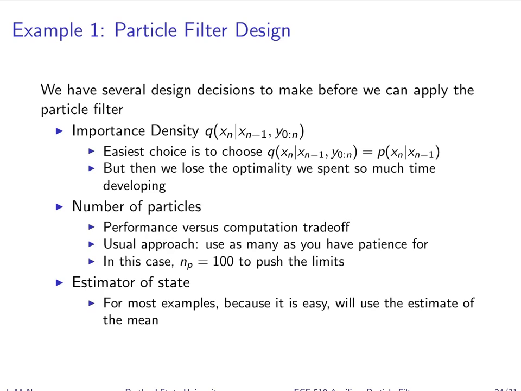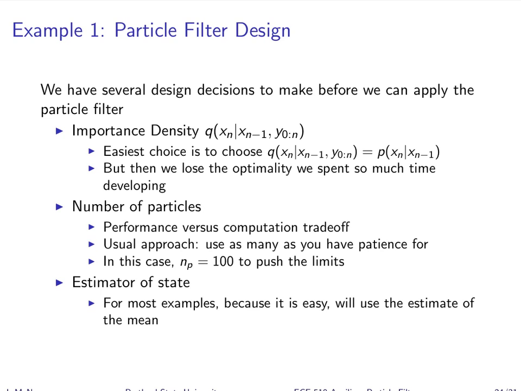I didn't get fancy and use the optimal importance density. Even though we lose some of the optimality that we spent so much time developing, this whole idea was based on the idea of maybe we can sample from something closer to the optimal importance density. So it's weird to go through all that work for the one part and then just kind of throw that away when we get to this other part.